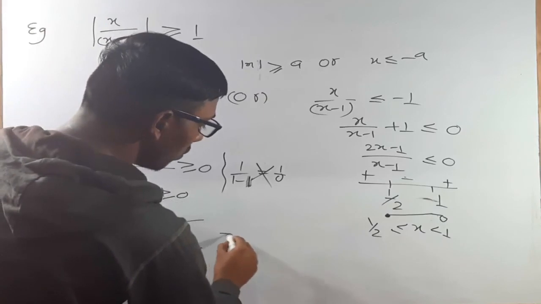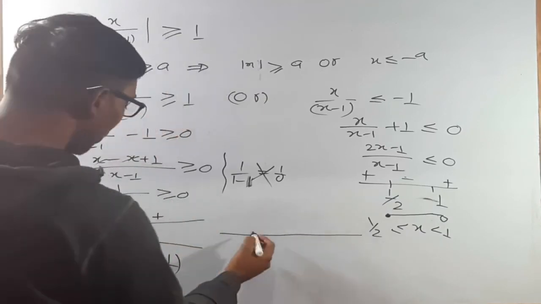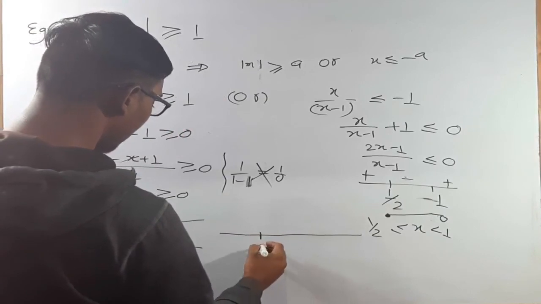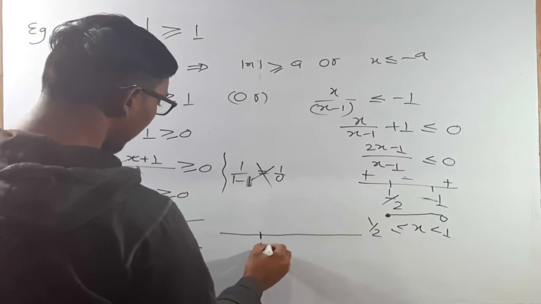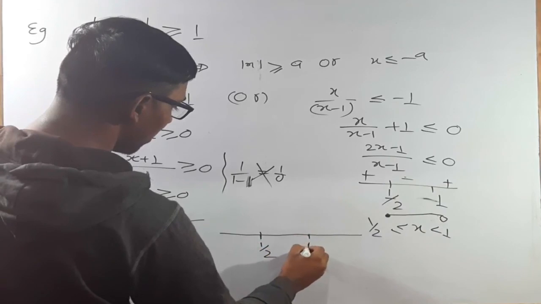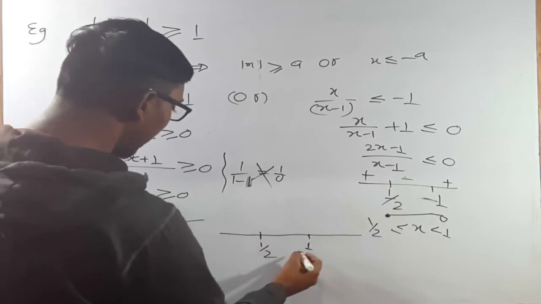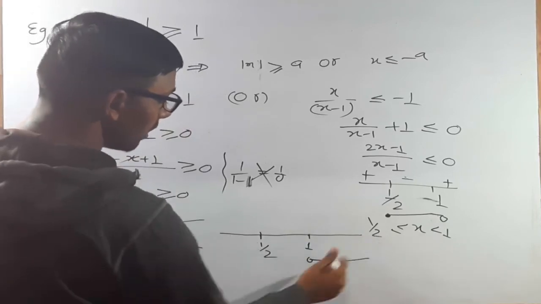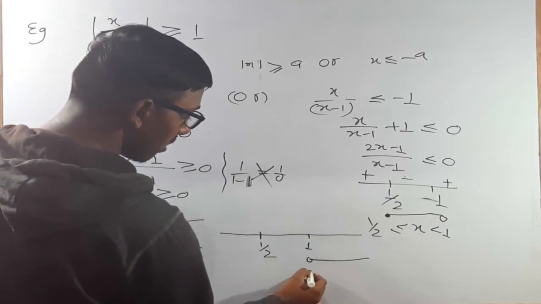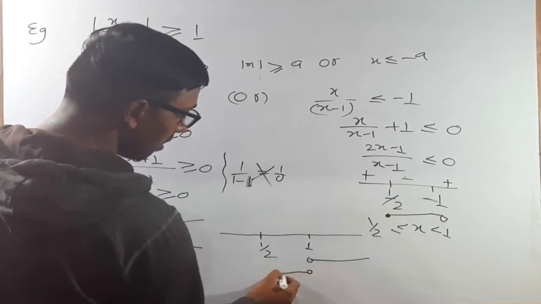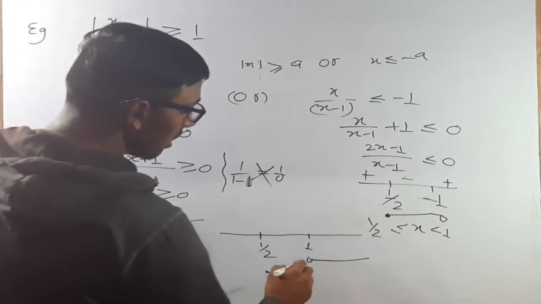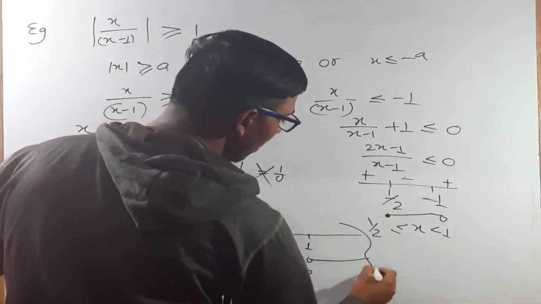So I'm going to finalize the question. This is 1 by 2, this is 1. According to this inequality, this is going to be like this. Now we need to collect all the values of x so that we can sum up all the values.